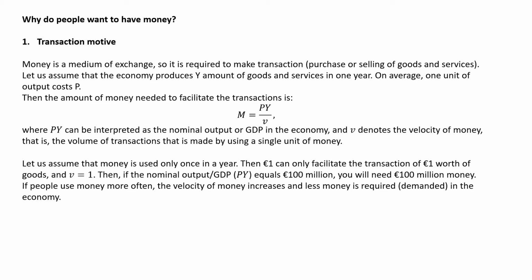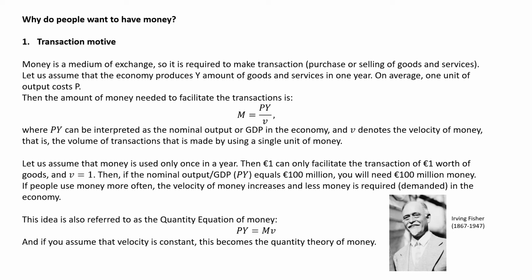This means that the velocity of money is 1. This means that if in this economy you have €100 million nominal output, then you will need €100 million money in the economy. If, however, with economic development, people start to go to markets and use money more often, then the velocity of money starts to increase and actually less money will be required in the economy.